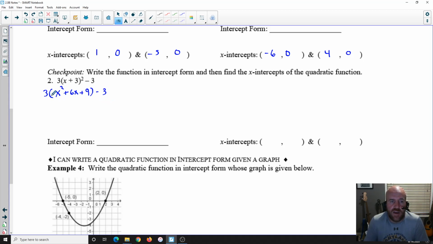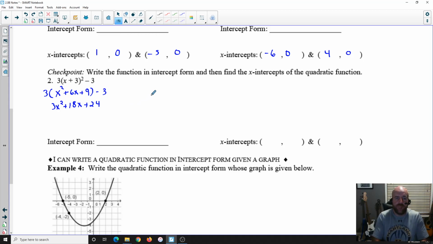All right, so now we multiply everything by 3 and then subtract 3. So 3x squared plus 18x plus 27 minus 3. So I'm just going to write the 24.